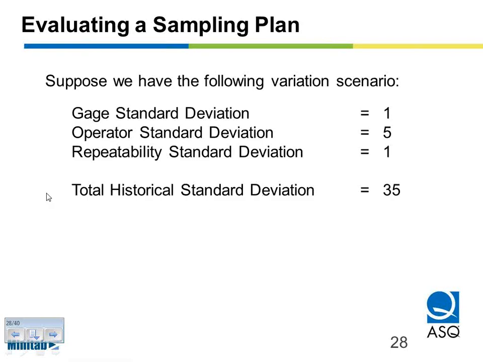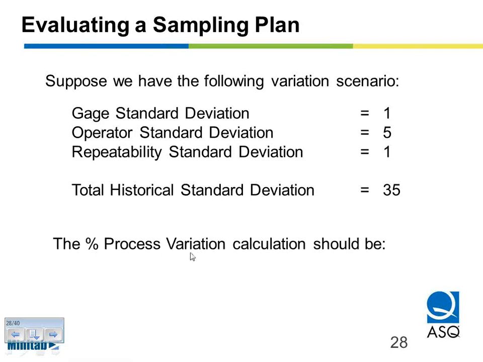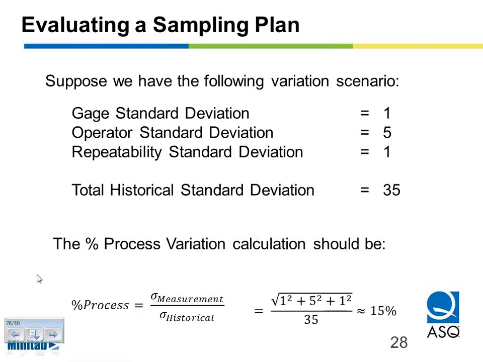Now, the reason we need the historical standard deviation is that we're going to measure the effectiveness of these sampling plans compared to the known percent process. So we need the historical standard deviation to calculate our yardstick. Our yardstick is going to be the percent process variation calculation, and in this known study, percent process has a value that it should be.